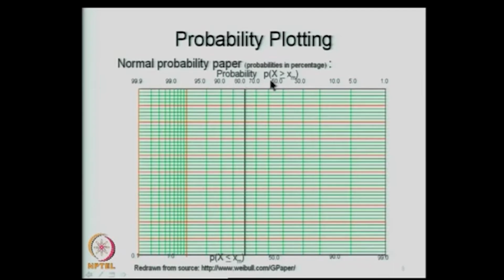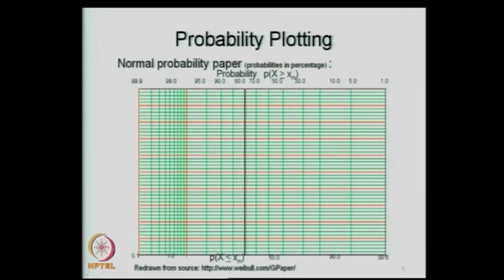So, probability x being greater than or equal to xm, here it is x being less than or equal to xm. So, you start with 1, go up to 99%. And the y axis here, as you can see, is an arithmetic scale. So, the x axis is probability scale, y axis is arithmetic scale.